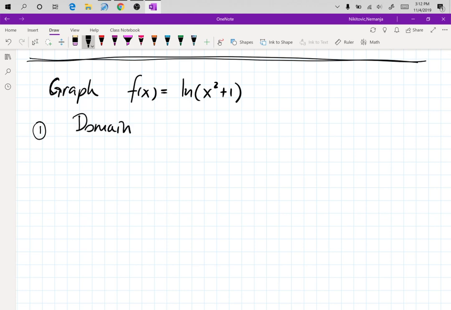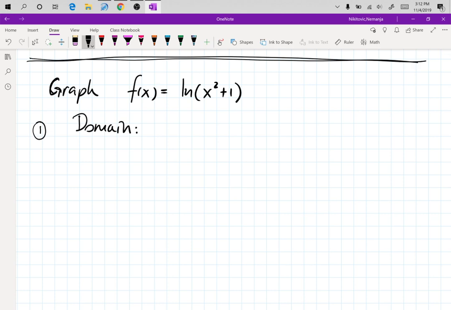For the domain of the ln function, we can only use positive numbers. 0 and negative numbers are not part of the domain because they make the ln give either infinity, negative infinity, or complex numbers.